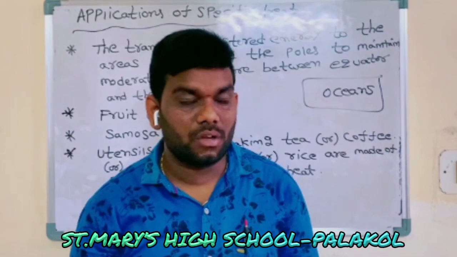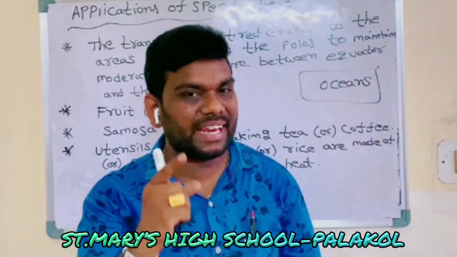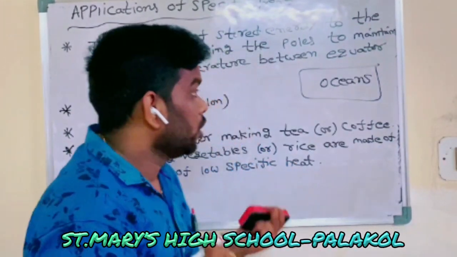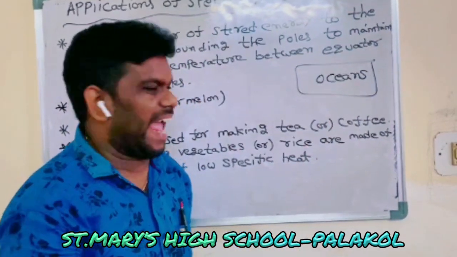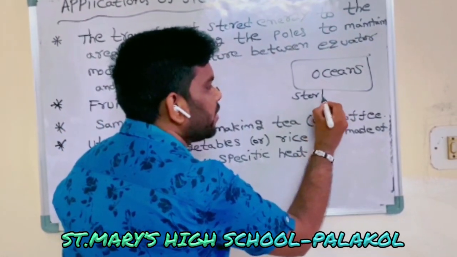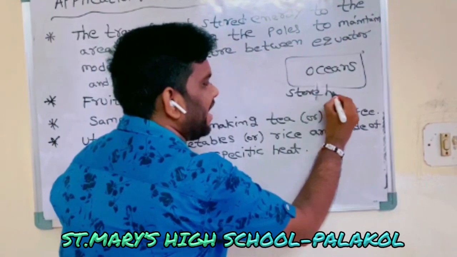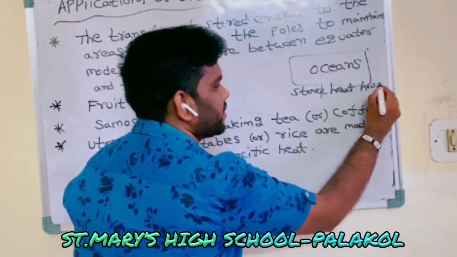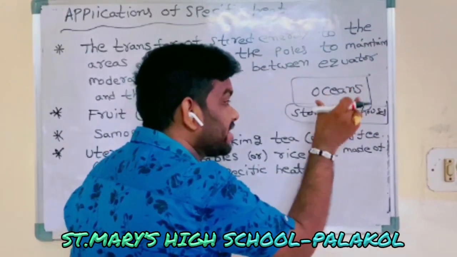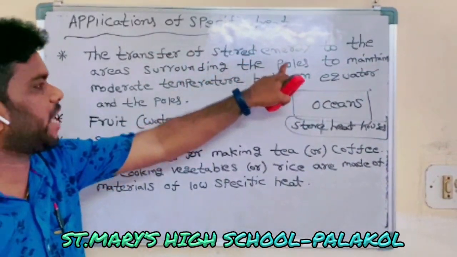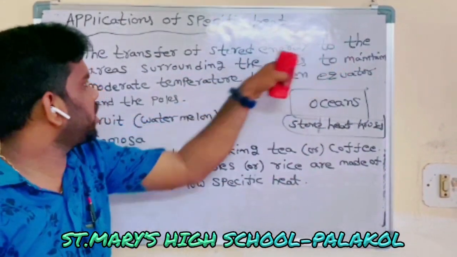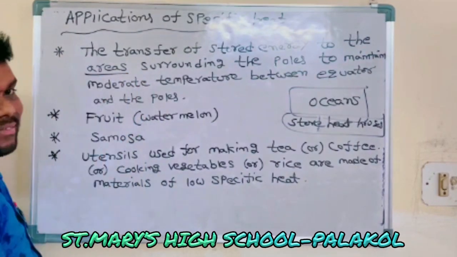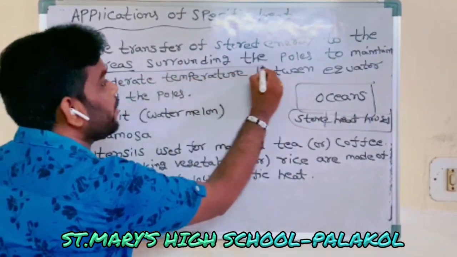It is because of their higher specific heat capacity. That's why these oceans act as store heat houses. So this transfer of stored energy to the areas surrounding the poles.